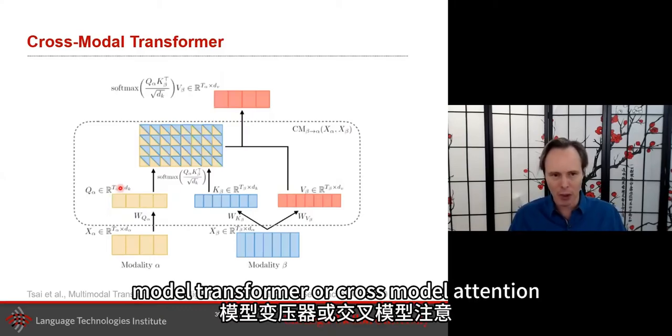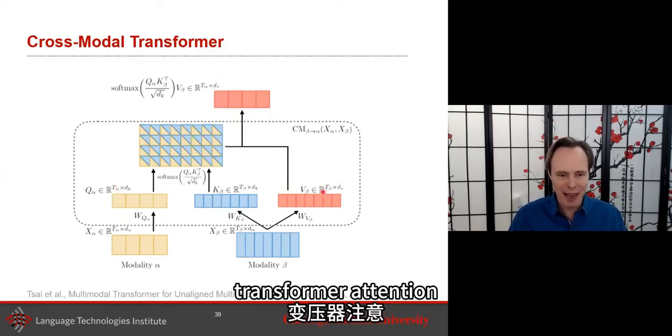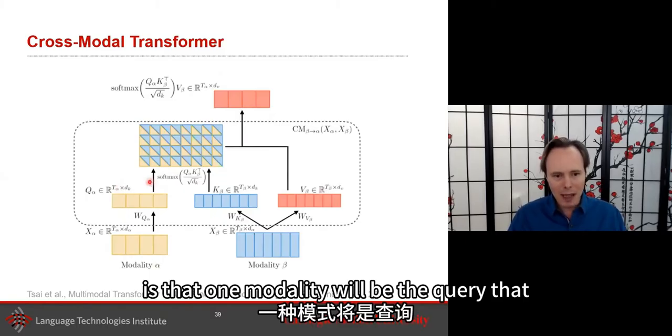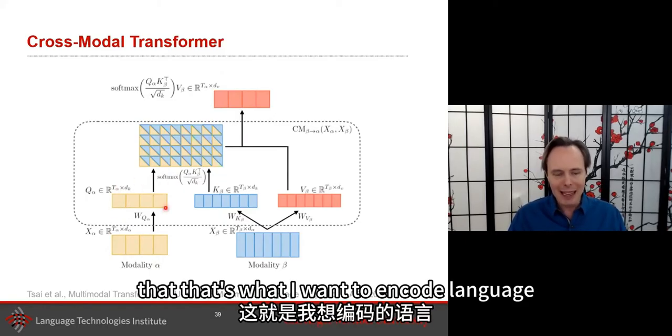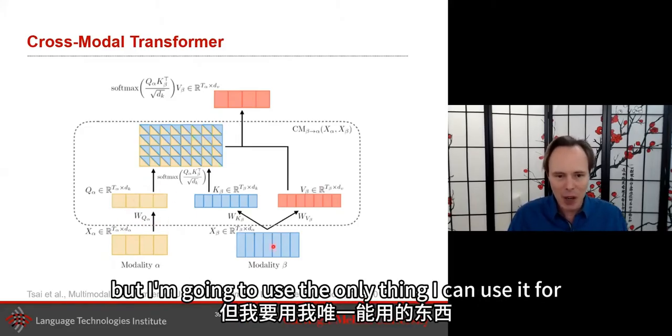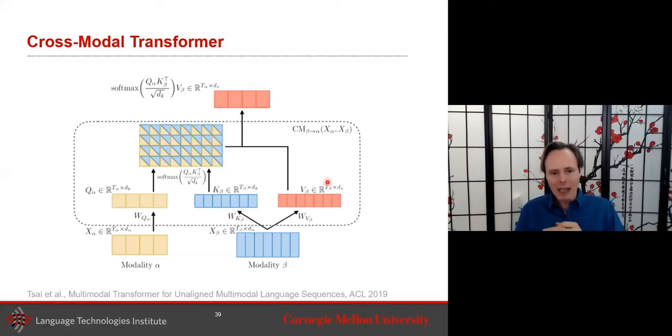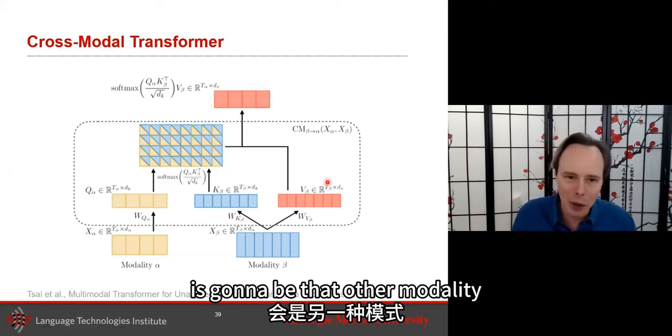In a cross-modal transformer, or cross-modal attention, one modality will be the query. That's what I want to encode, language. But the only thing I can use for it is the other modality.